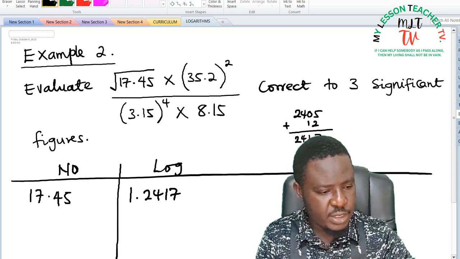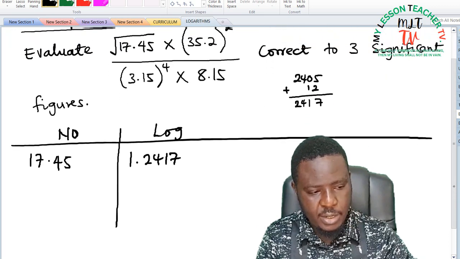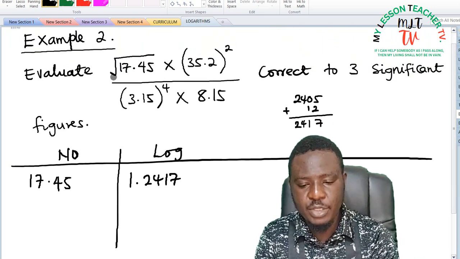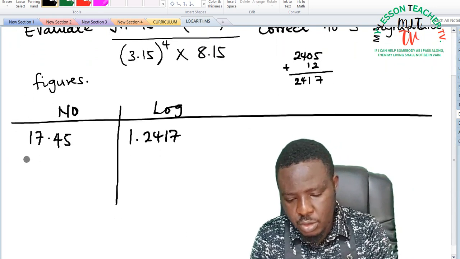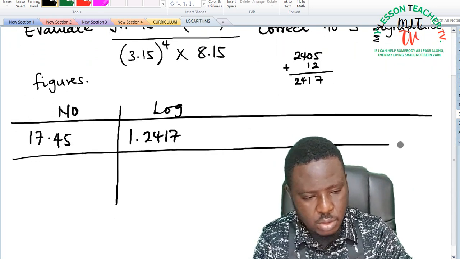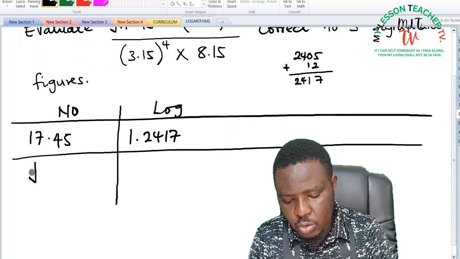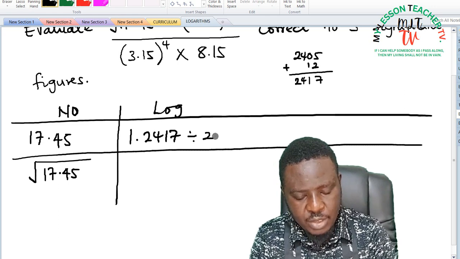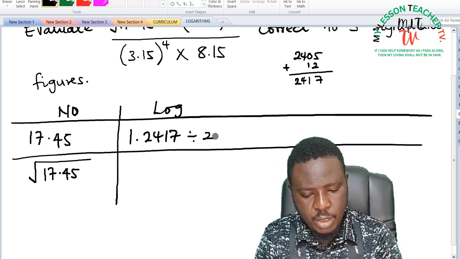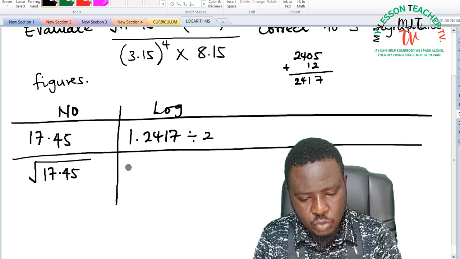I'm going to look for the square root of it. If you observe, I'm following it based on the question. Square root of this becomes root 17.45, means I'm going to divide this by 2. So 1 divided by 2 is 0.